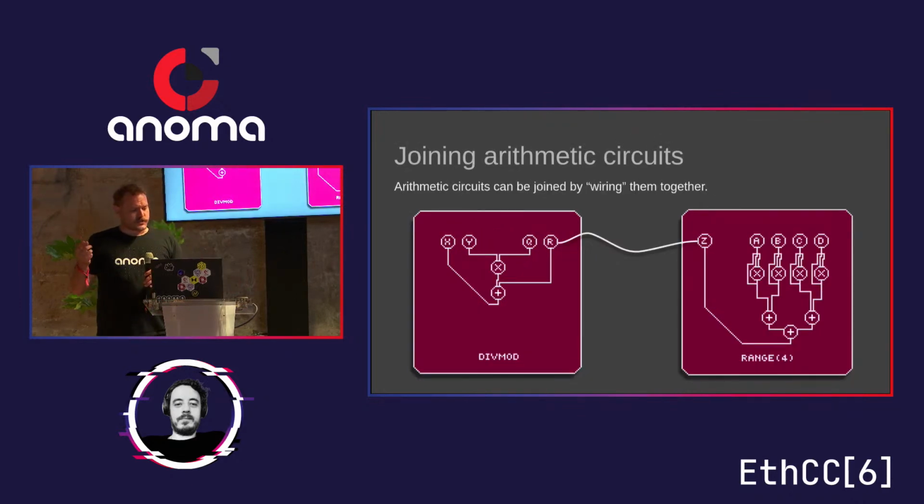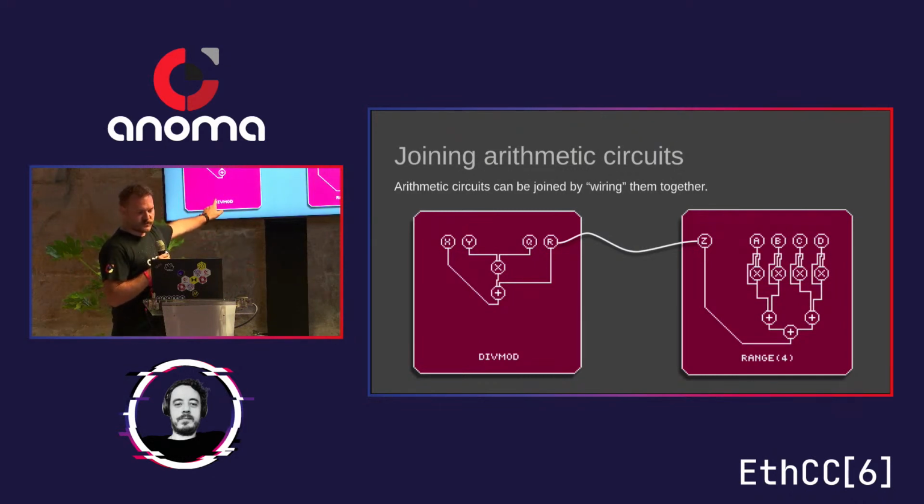Arithmetic circuits can be joined by wiring them together. It's literally what you would expect if you had an electronic circuit and you wired two contacts together. Those contacts will have to have the same voltage or whatever, right? So here are two circuits.